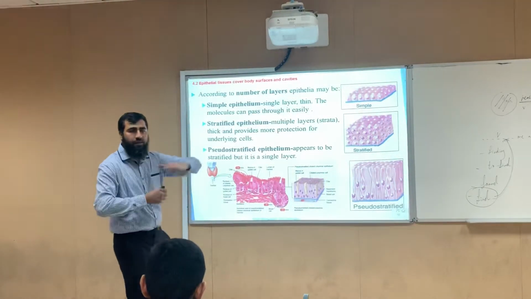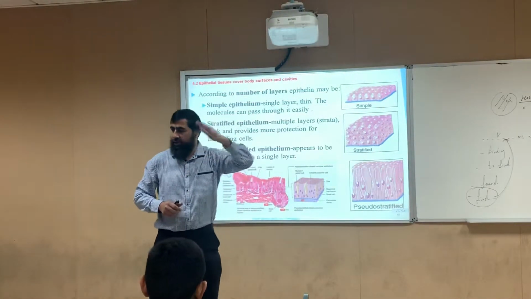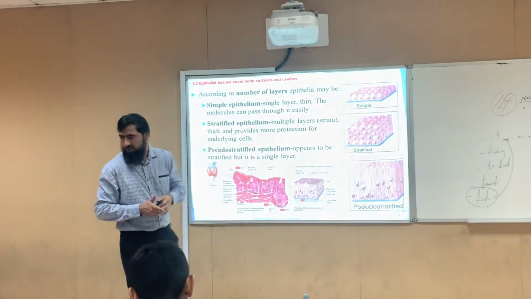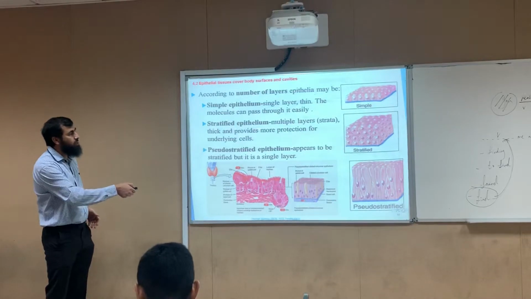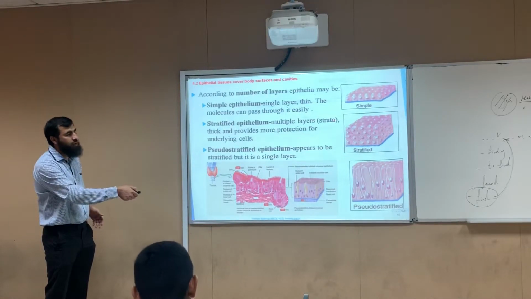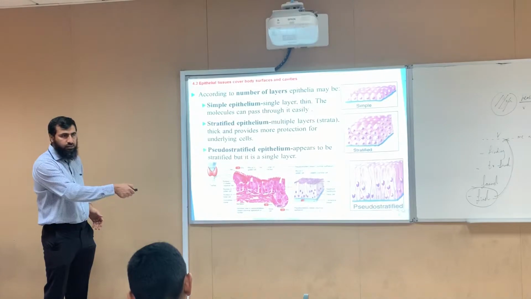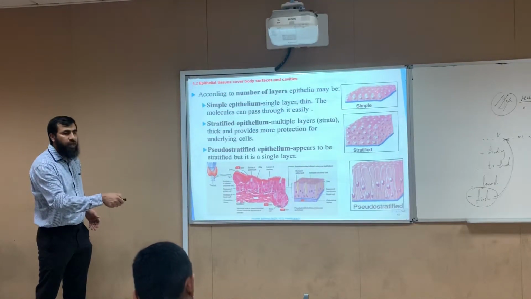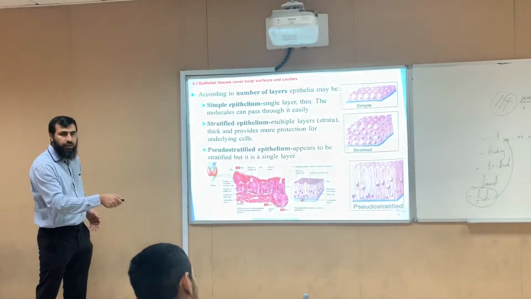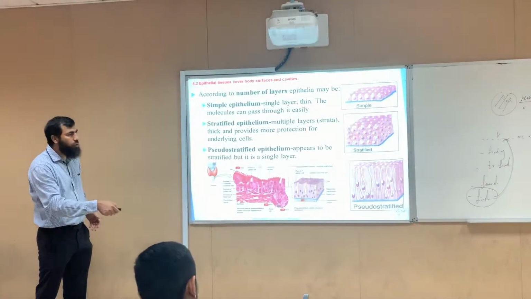Stratified means layered, multi-layer, strata. That's what strata means, many layers. So epithelial tissue can come as a single layer, we call it simple. When it's many layers, we call it stratified.